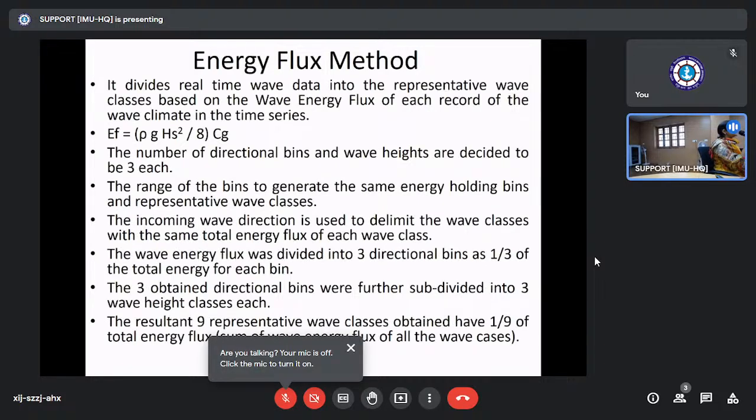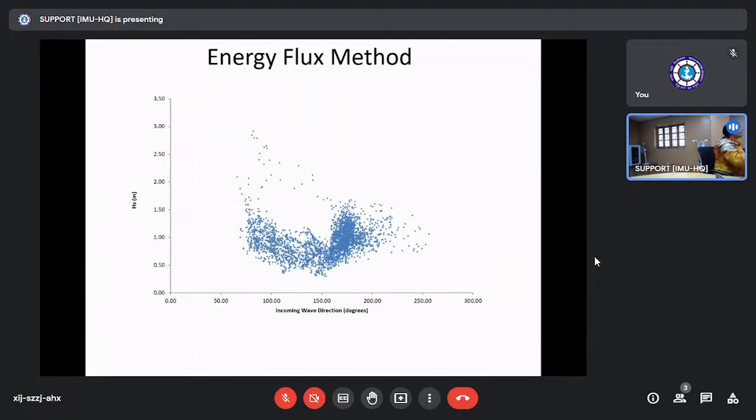The energy flux method schematizes the waves on the basis of the wave climate. It calculates the energy of each wave bin. The full wave climate is divided into a number of directional bins and wave heights. I'll explain it here. So this is my wave data. Here HS represents the significant wave height, and this x direction is the wave direction.